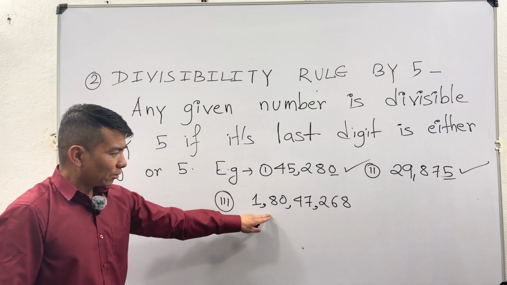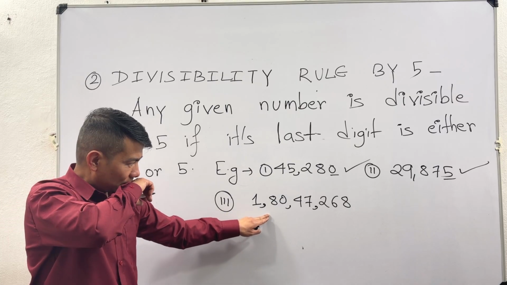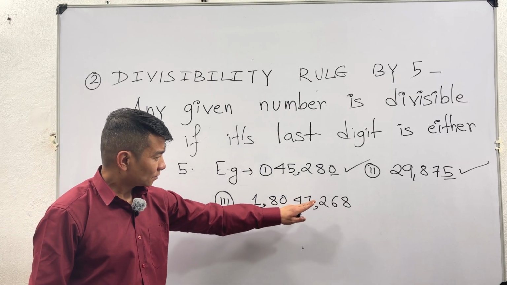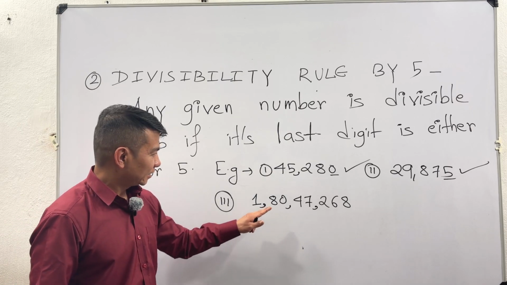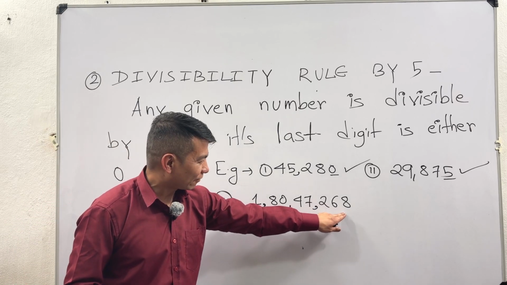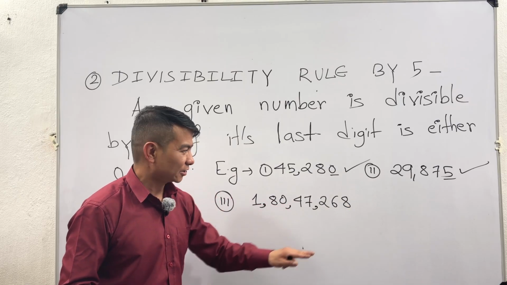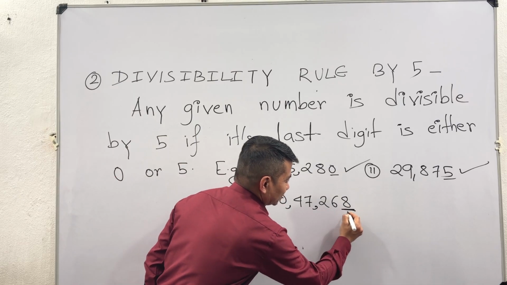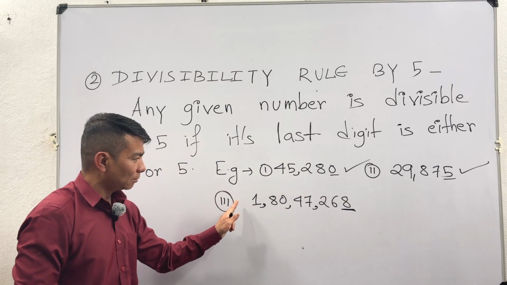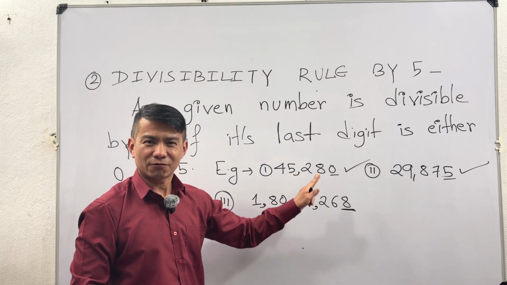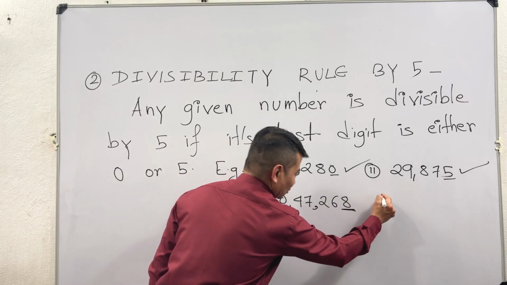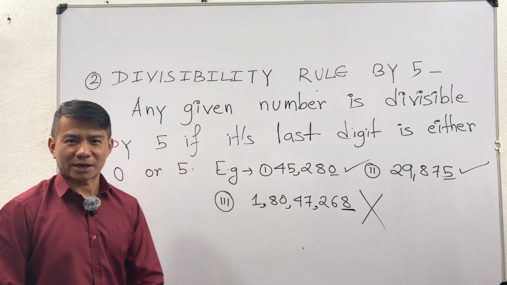Is this number divisible by 5? Yes, because... no, I'm so sorry. It is not divisible by 5 because the last digit is 8. In order that the given number is divisible by 5, the last digit should be 0 or 5. So this is not divisible by 5.